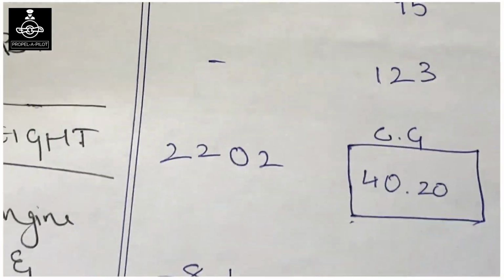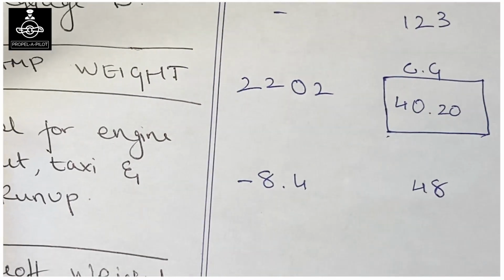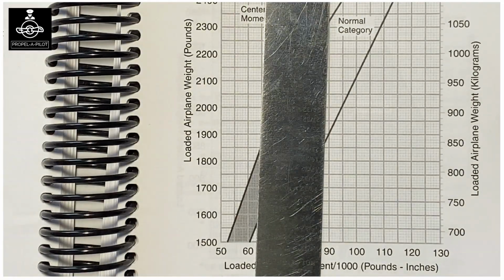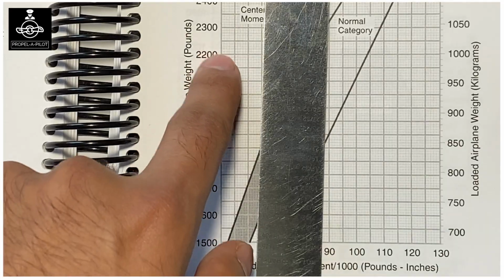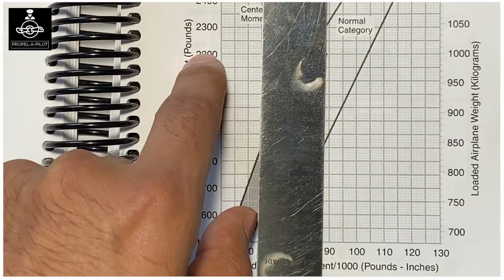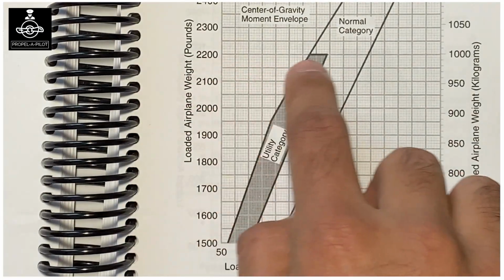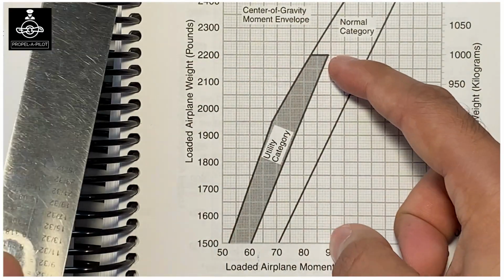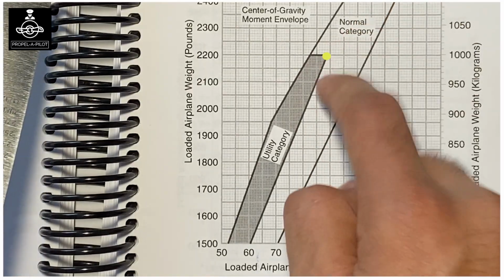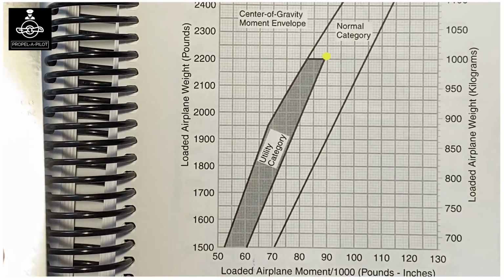Then you take a look at your total weight, which is 2,202. Once you know your total weight, you look for the total weight 2,200 and see if the line from 2,200 and the line from 88,850 lies within the envelope, which it does.